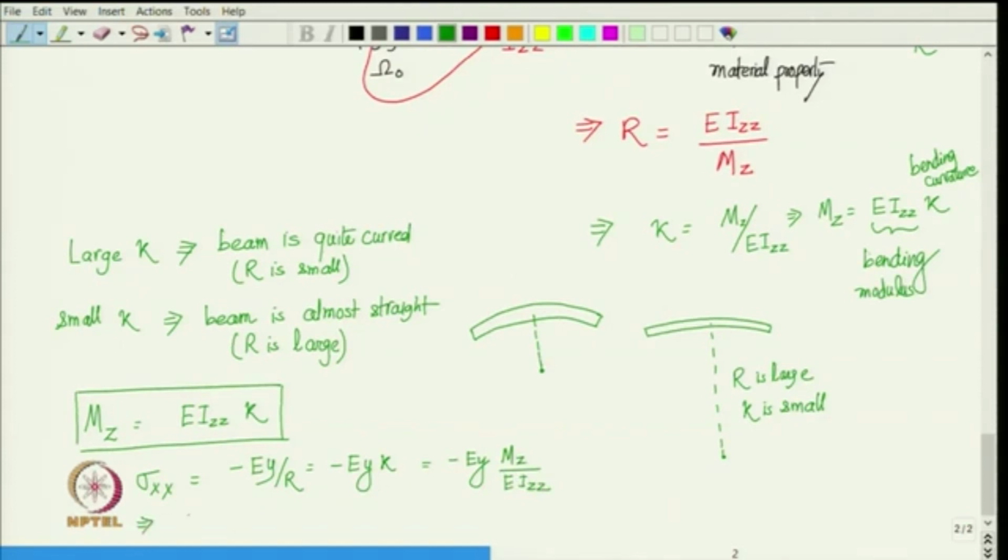So, this implies again that sigma x x equals minus m z into y over I z z. So, we have two formulas for sigma x x. You either use this or you say it is minus E into y by r.